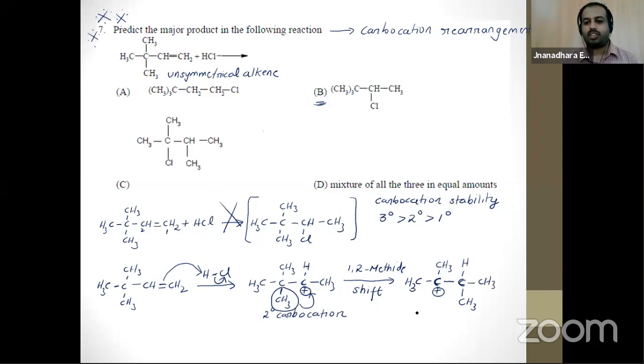This is now a more stable tertiary carbocation, which will be attacked by Cl minus, and hence you would get product C as the answer.